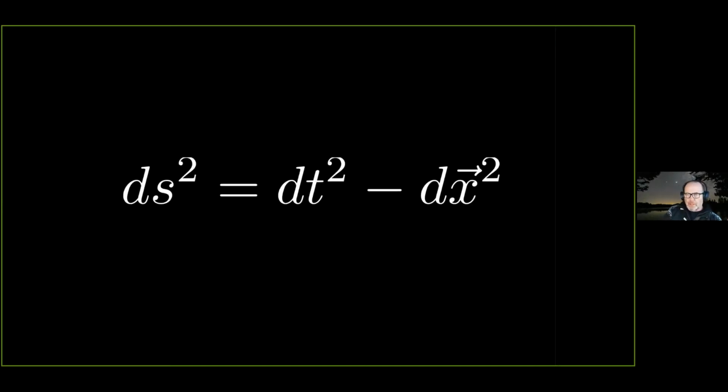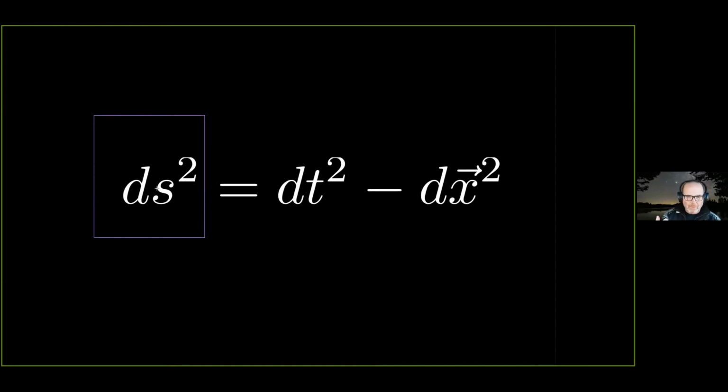So we'll start by looking at special relativity, right? This is probably familiar to most of you who are physics students. This is the length element in Minkowski space in special relativity. This is essentially the proper time along a path in space-time.